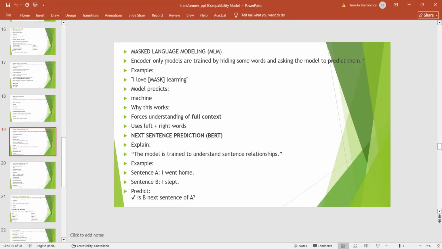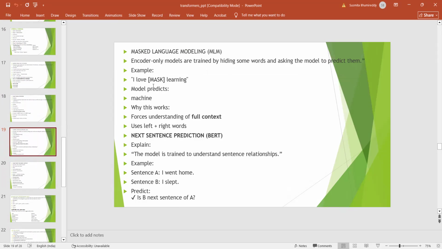And this is masked language modeling. Encoder-only models are trained by hiding some words and asking the model to predict them. Suppose we have an example here: I love mask learning. The model predicts machine, because what is masked, we don't know.